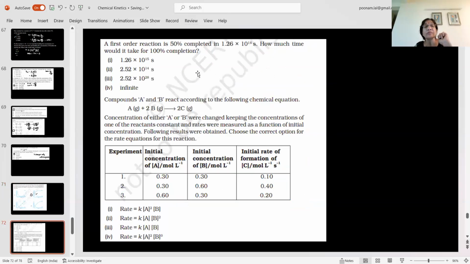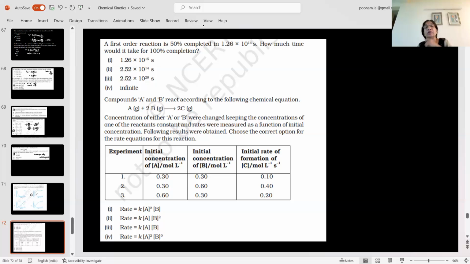Now the next question. The first order reaction is 50% complete in 2.6 into 10 raised to 14 seconds. How much time will it take for 100% completion? 50% it is complete in this much time. Ma'am, is it option 2, T half? We'll have to do it and see. 50% completed in how much time will it take for 100% completion?